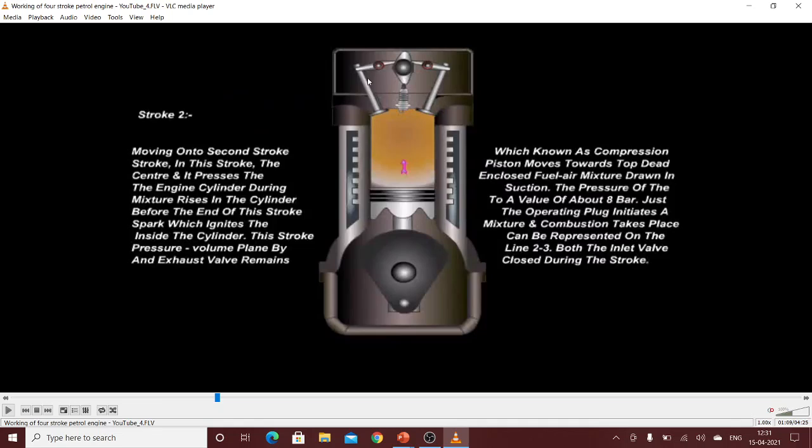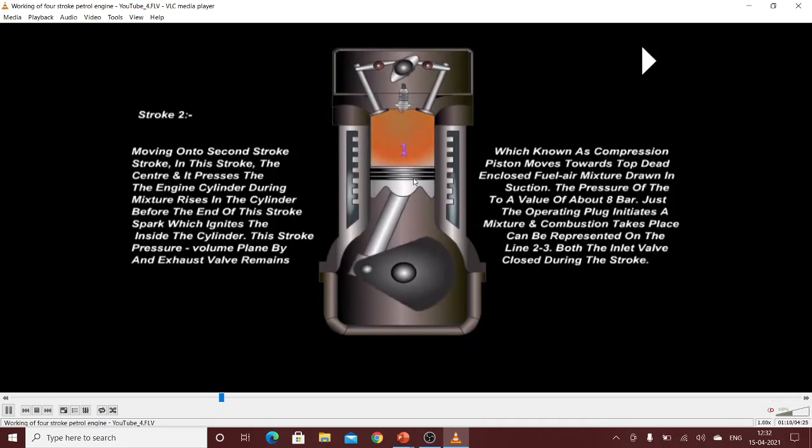Now in the second stroke, both the inlet valve and the exhaust valve are closed. The piston moves from bottom dead center to top dead center. At the top side of the piston is the mixture of air and fuel, so this mixture gets compressed in this stroke.